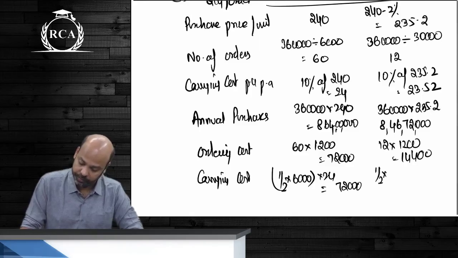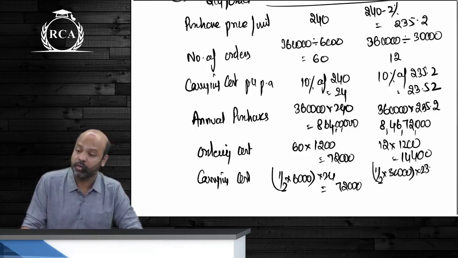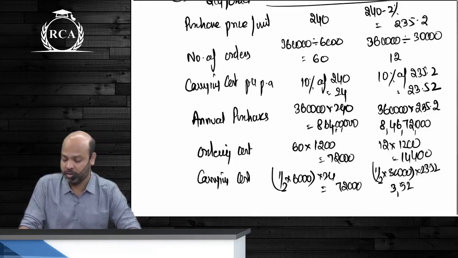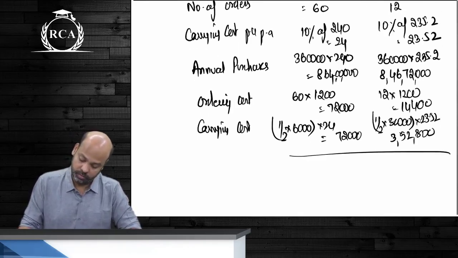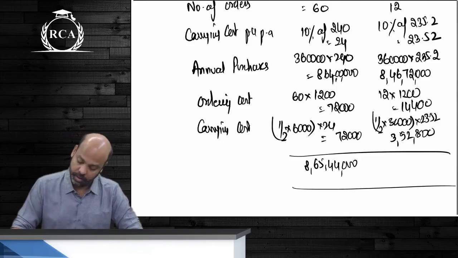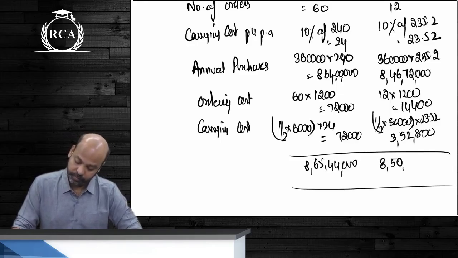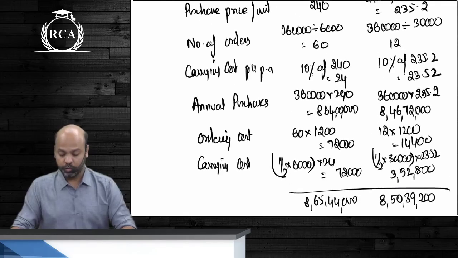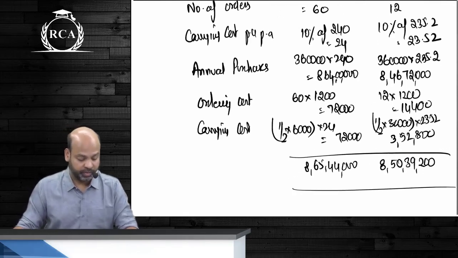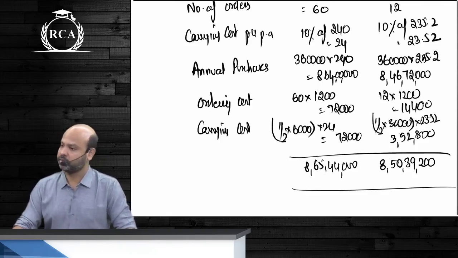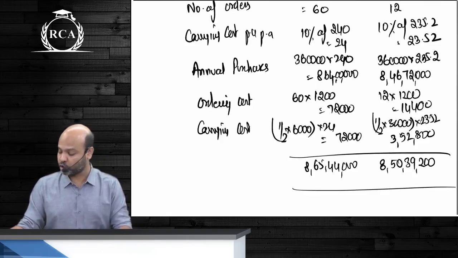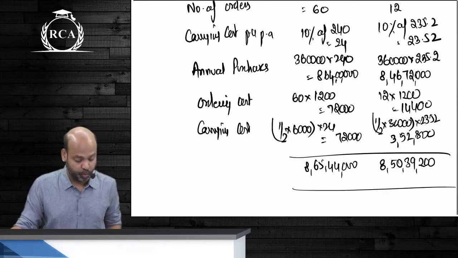Half of 30,000 units into 23.52, 3,70,000. Total 8 crores 65 lakhs 44,000, and 8 crores 50 lakhs 39,000. What should the company do? Should they accept a discount offer of 2%? Definitely yes. The company should be accepting, guys, a discount of 2%.